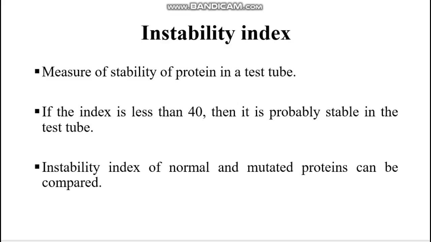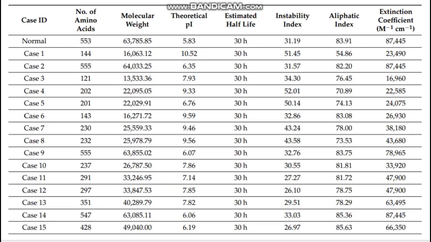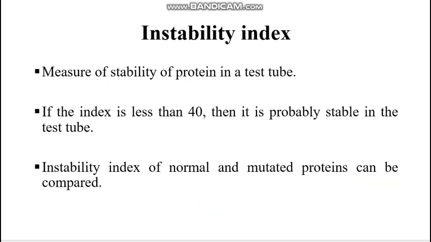And here you can easily compare the instability index of your normal protein with the mutated proteins, and this will make you realize how your incorporated mutation has altered the overall stability of your protein. As I mentioned, if it is less than 40, then the protein is stable.